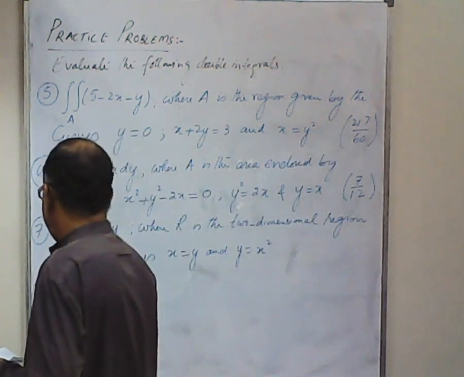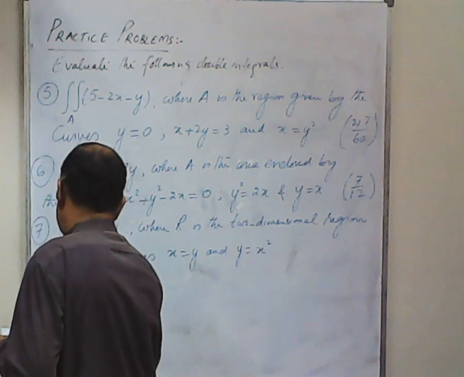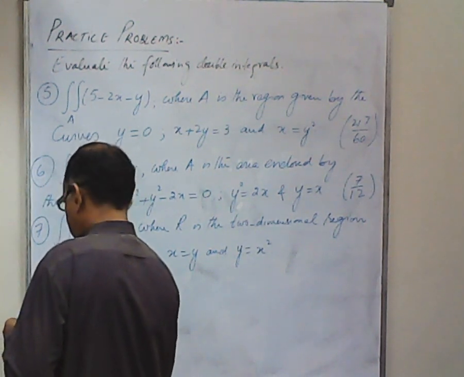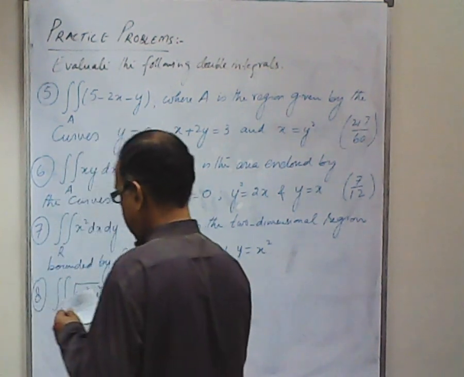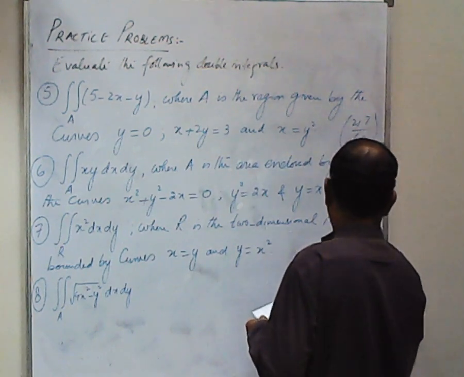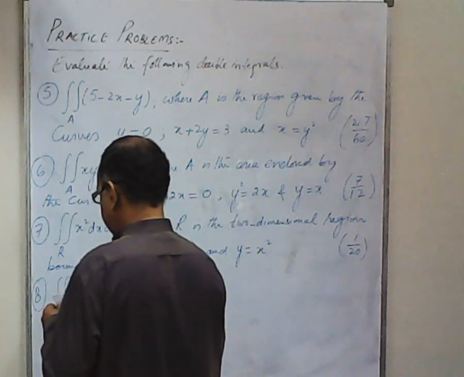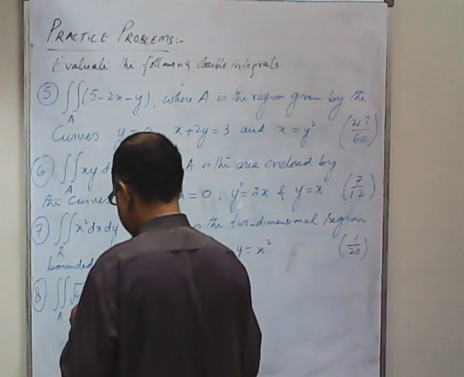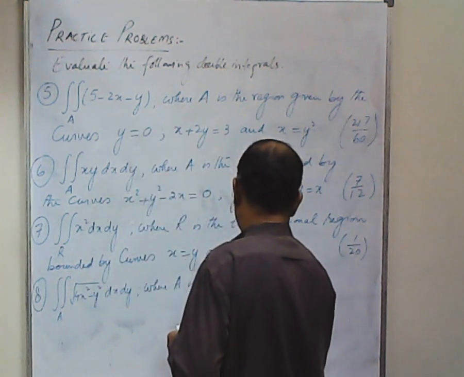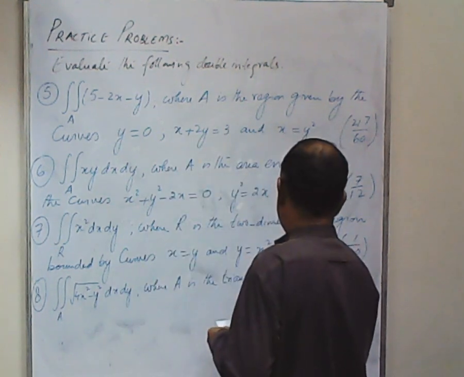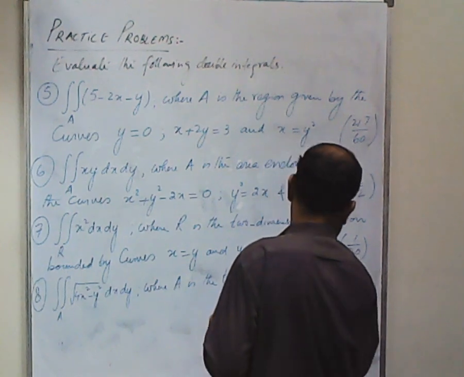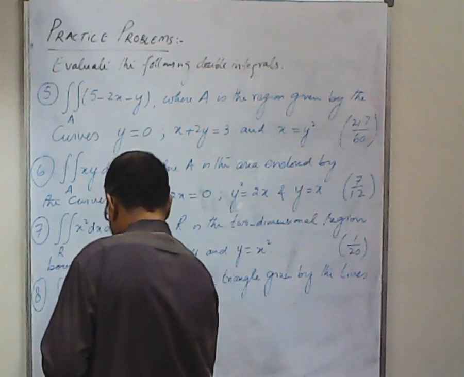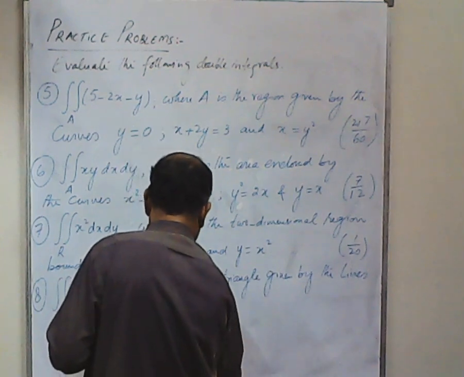Then finally question number 8. We have the integral of under root 4x square minus y square dx dy, and the answer is 1 over 20 dx dy, where A is the triangle given by the lines y equal to 0, y equal to x, and x equal to 1.